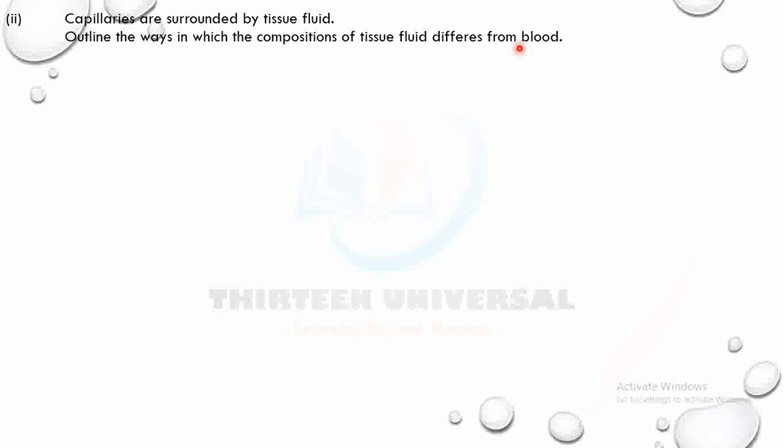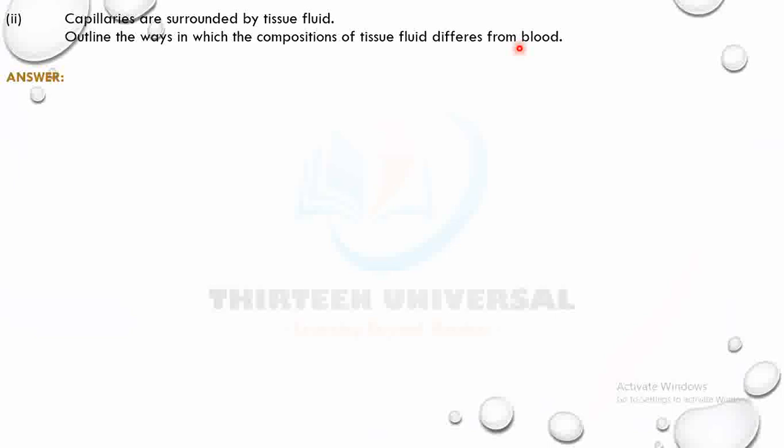Blood has them. Tissue fluid has lower concentrations of oxygen and amino acid. What I'm trying to say is that blood has higher concentration of glucose, amino acid, and of course oxygen.